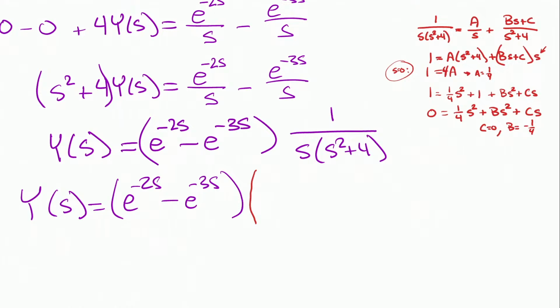So I have 1/4 is A, so 1/4 times 1 over s. And then B is -1/4, so I'm going to write -1/4 times s over s squared plus 4. Probably would be nice if I just factored out the 1/4 altogether, so that's the next move.